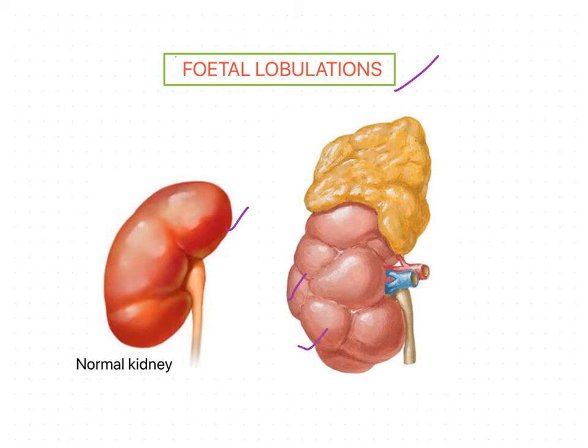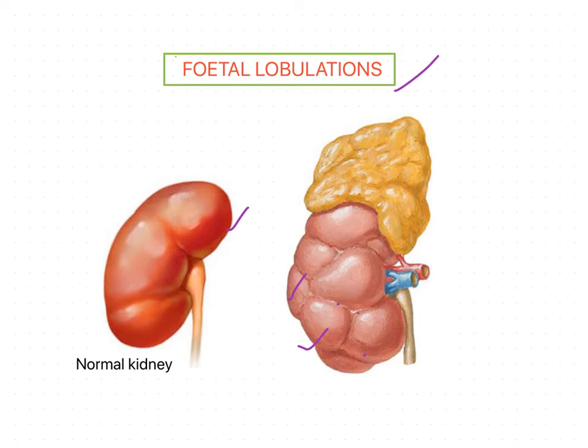So at the fetal stage the kidney is like this. During development the surface gets smoothened by connective tissue growth. Rarely, these fetal lobulations may persist after birth. Such a condition is called fetal lobulation. This is also one type of congenital anomaly.